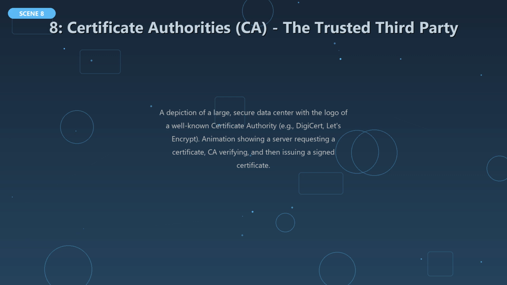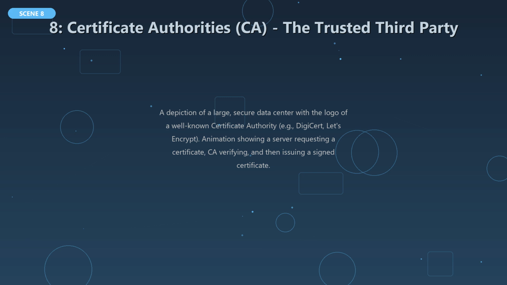When a website owner wants an SSL/TLS certificate for their domain, e.g., www.example.com, they generate a public/private key pair and create a certificate signing request, or CSR. This CSR contains their public key and identifying information. They send this CSR to a CA.